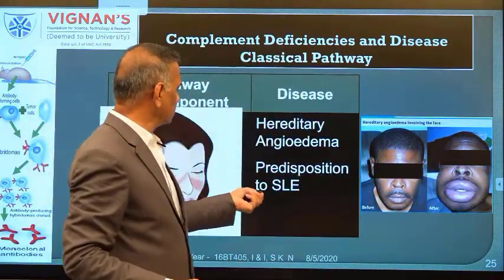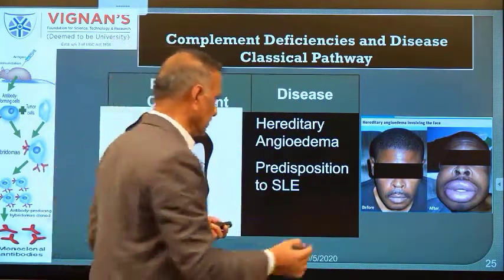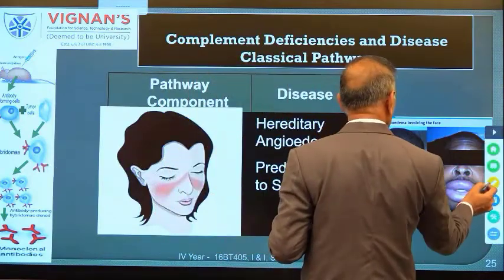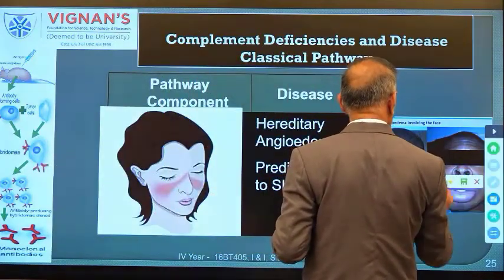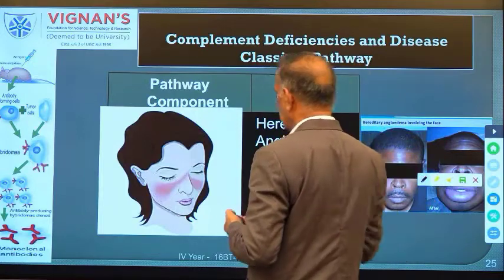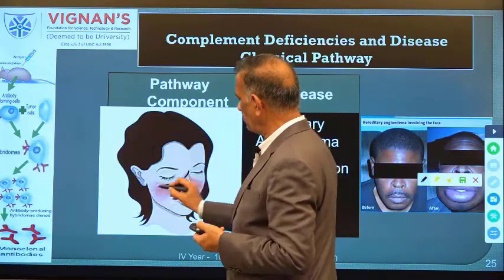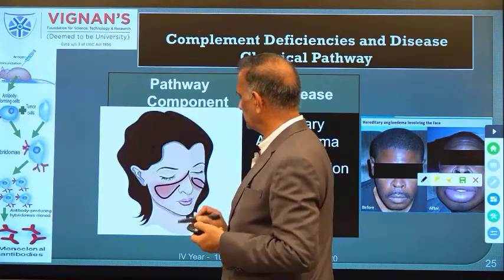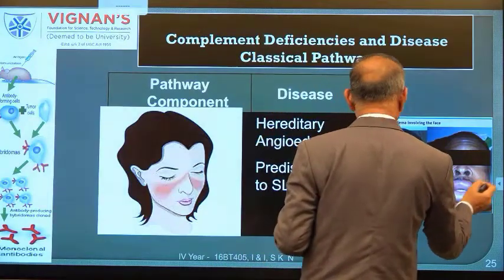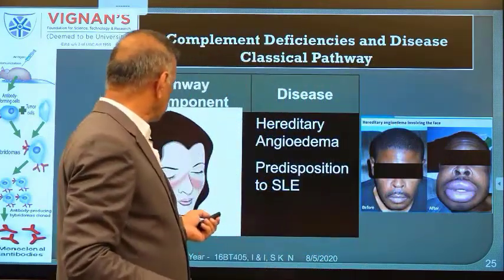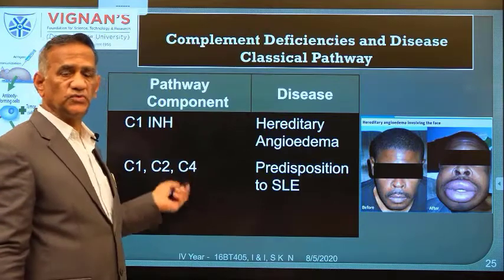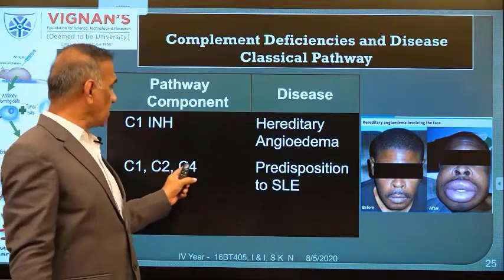There is also a predisposition for SLE. Here SLE is a situation where a butterfly type of arrangement comes. That is because of deficiency of C1, C2, C4, complement 1, complement 2, complement 4.